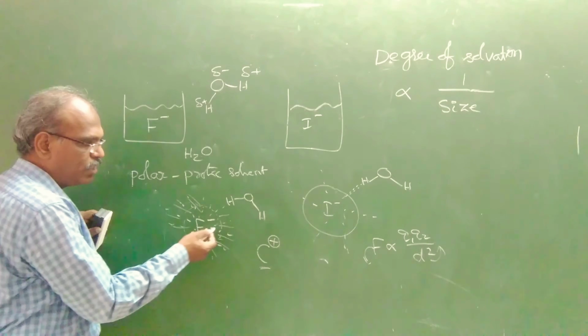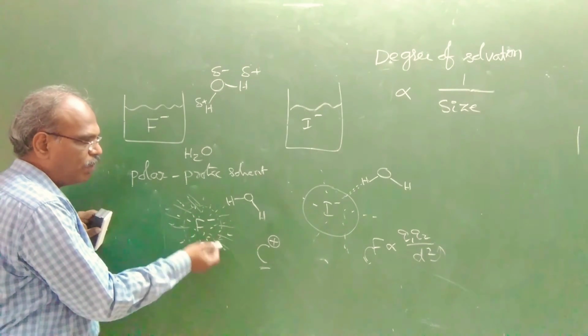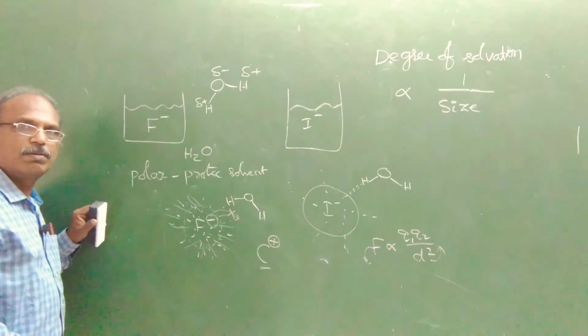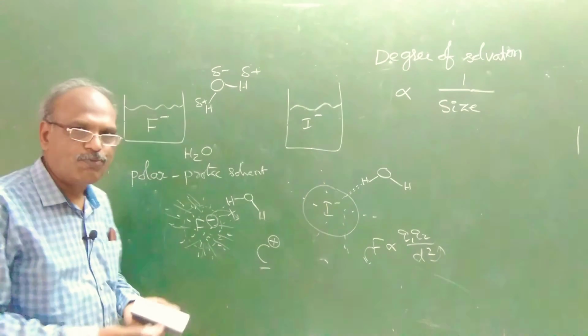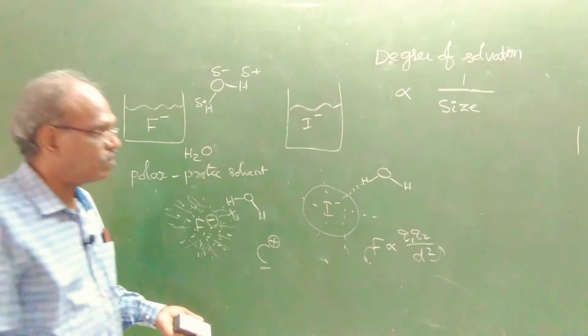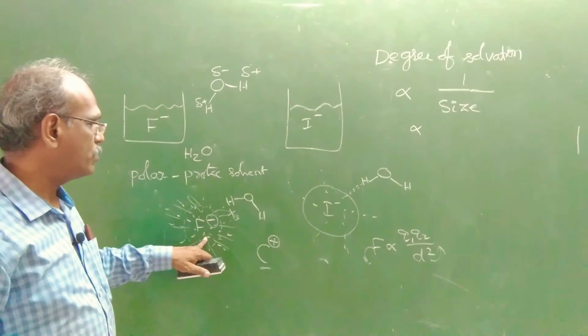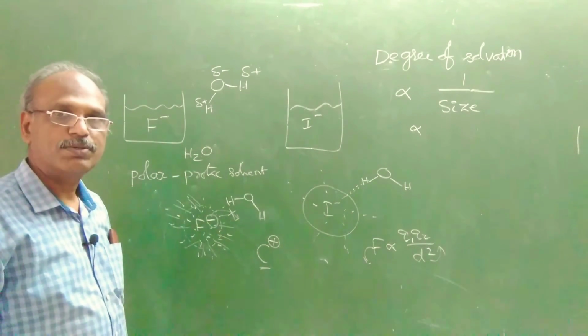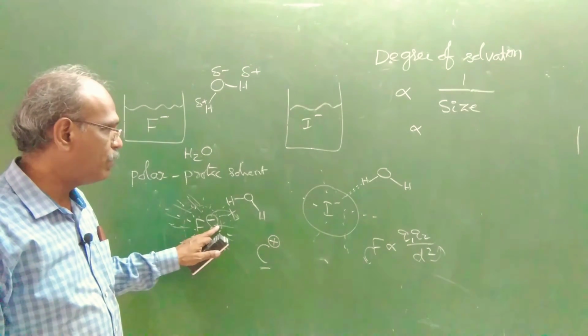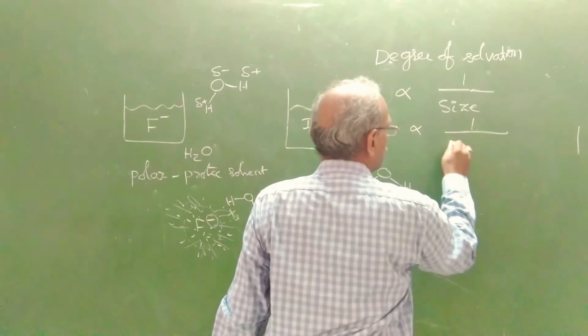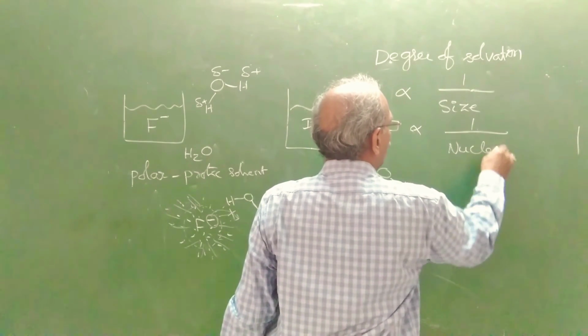It cannot easily approach, which means it cannot easily give up its electrons, which means its nucleophilicity decreases. Therefore, if size decreases, the degree of solvation increases and nucleophilicity decreases, so solvation is inversely proportional to nucleophilicity.